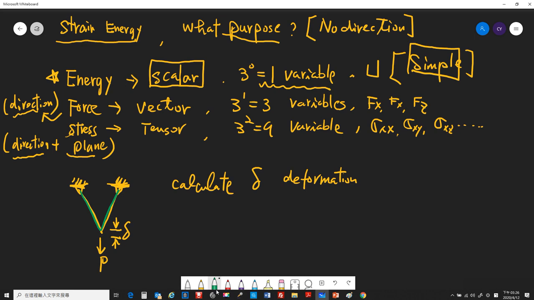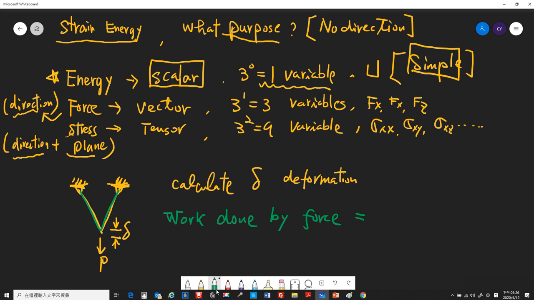So when you want to calculate the delta, we have a very simple way: the work done by force is equal to, yeah, I will tell you later about the calculation, because it's elastic. I will teach later. So now I don't want to tell you in detail.